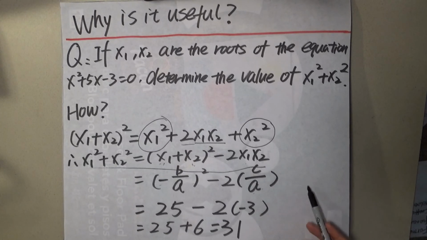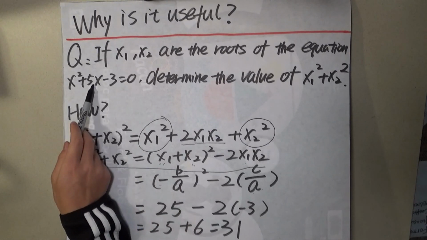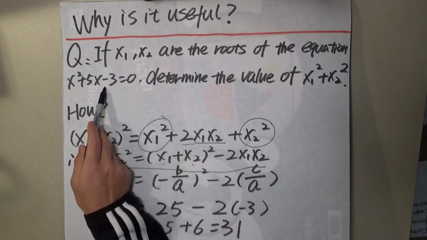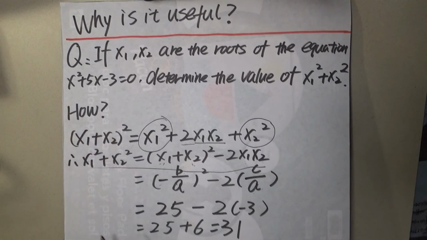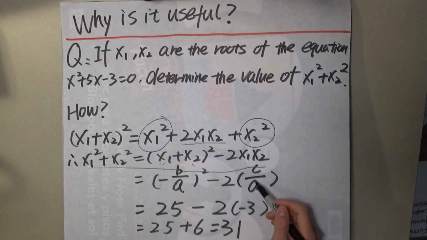And we know a, b, c. b over a is equal to 5 over 1, and c over a is negative 3 over 1. So we get negative 5 squared minus 2 times negative 3. So we find the answer is 25 plus 6, which is equal to 31.